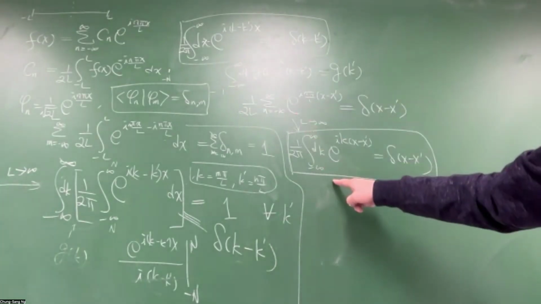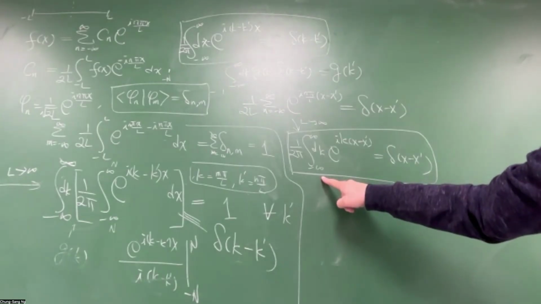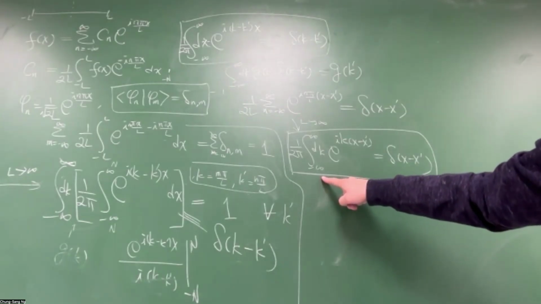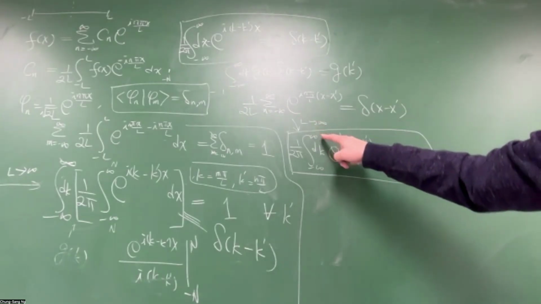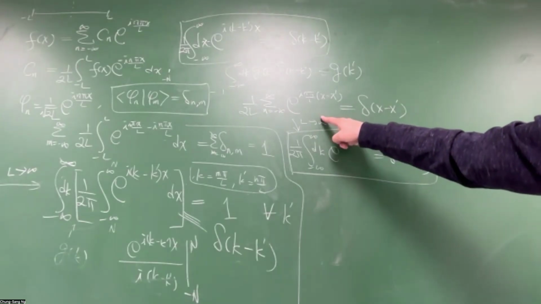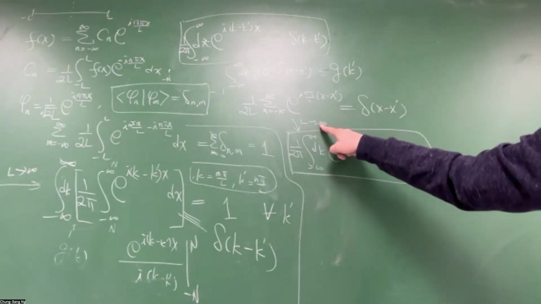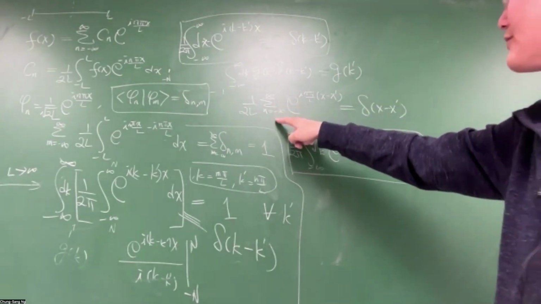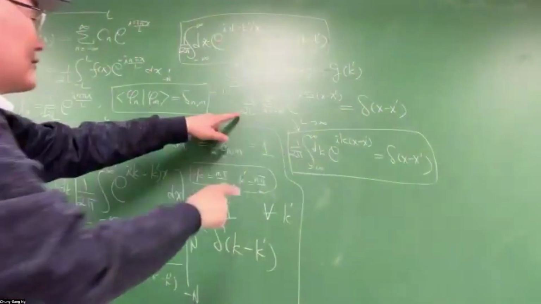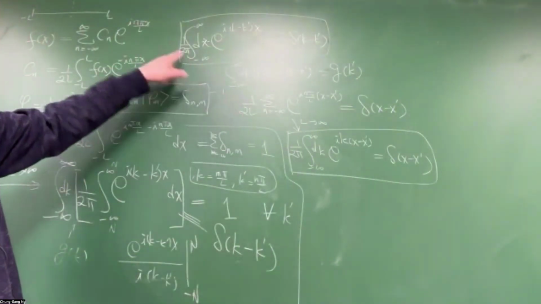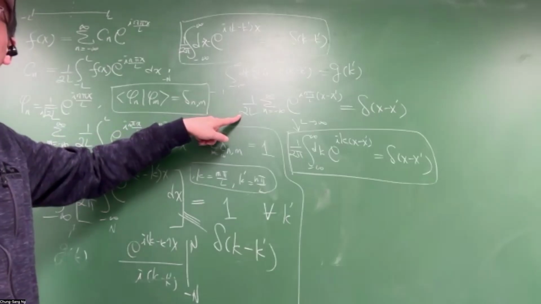From this step to this step, this one, when L goes to infinity. So this is the completeness that we got from the Fourier series, right?